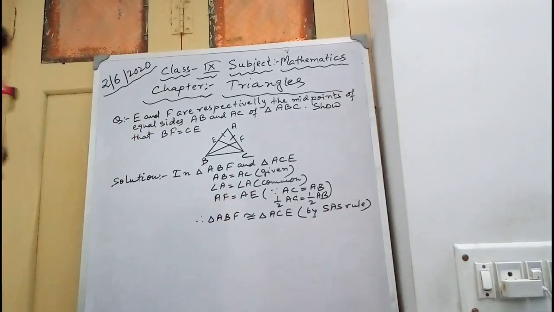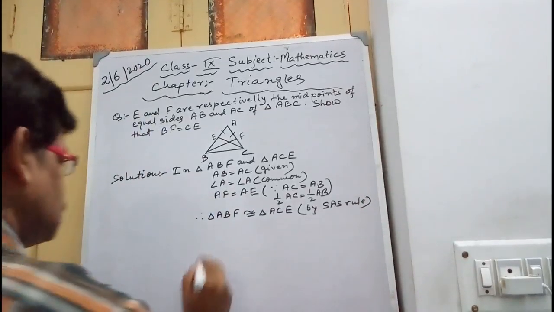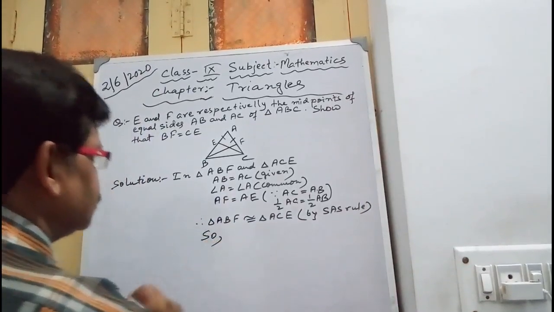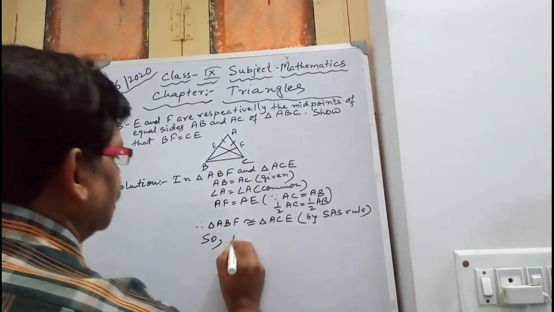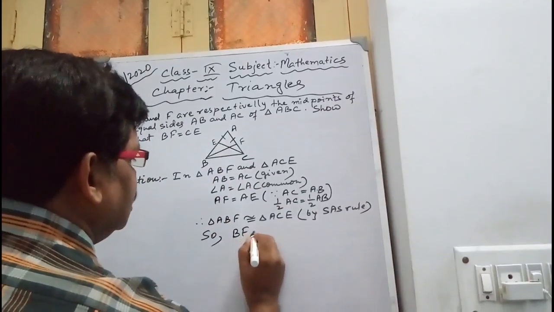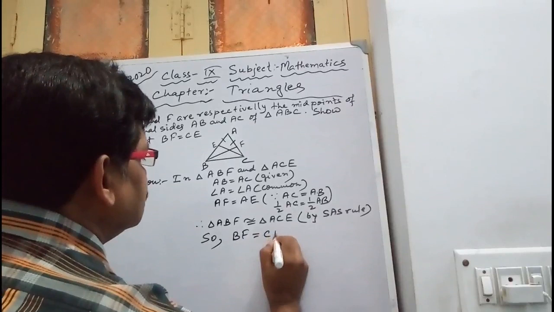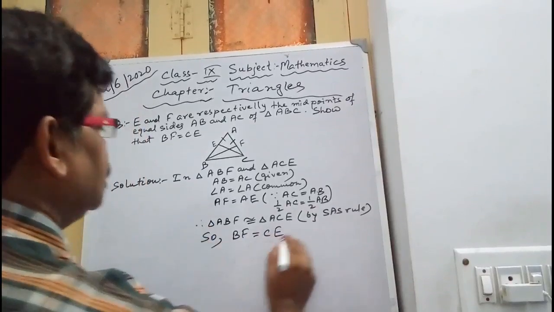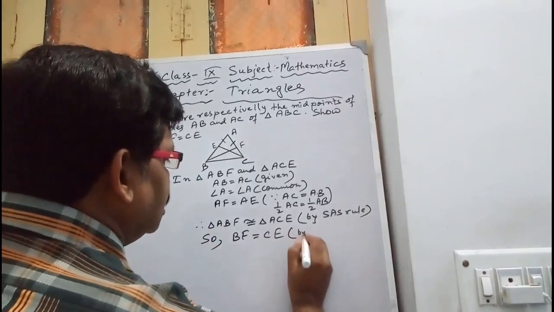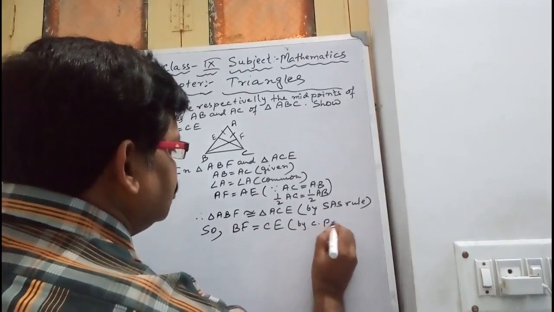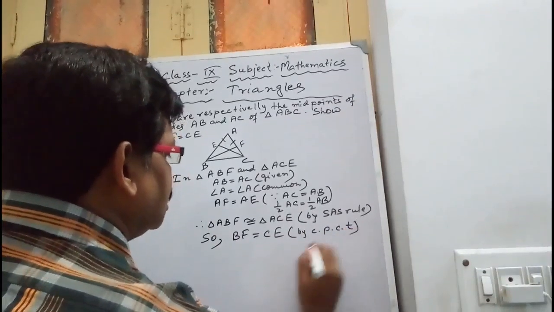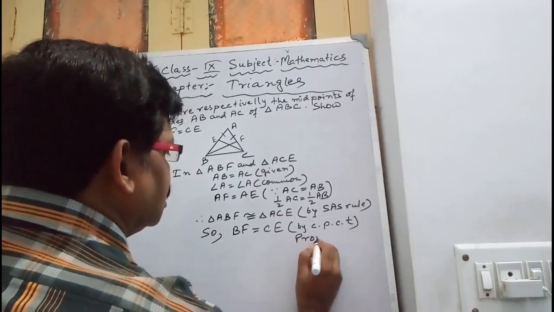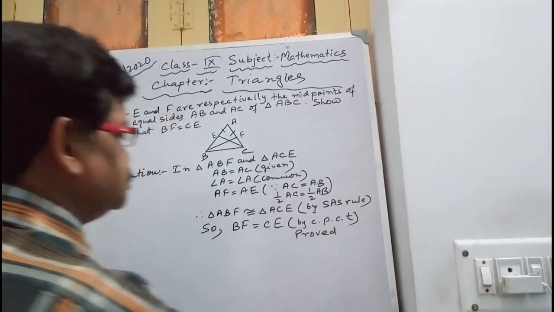These two triangles become congruent, so BF equal to CE, which you have to put, by CPCT. Proved.